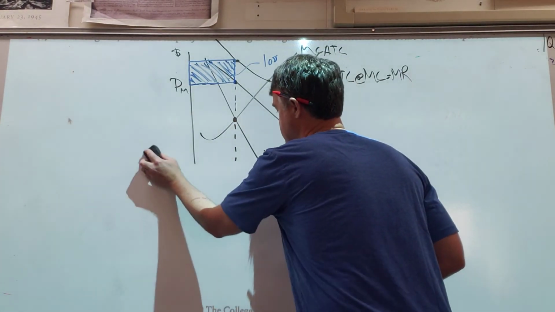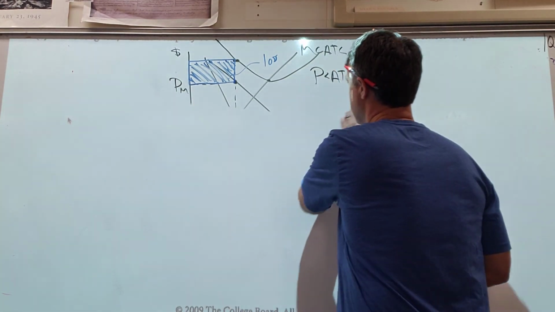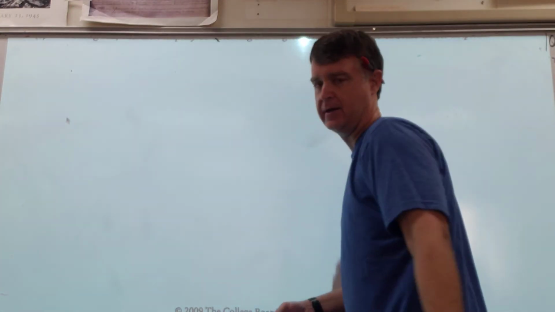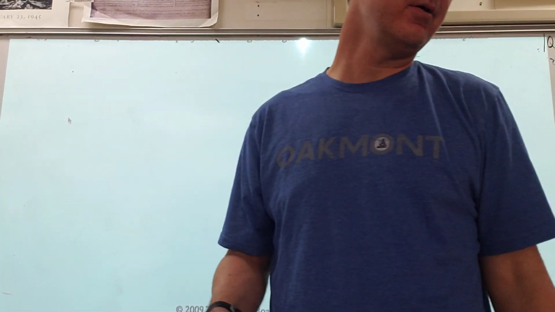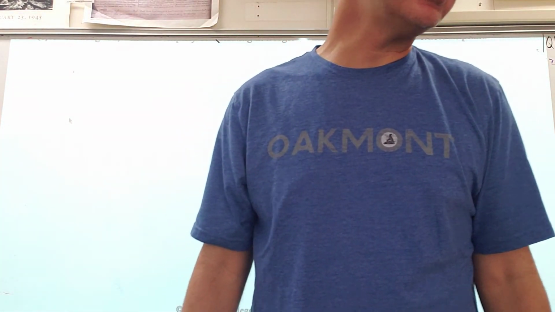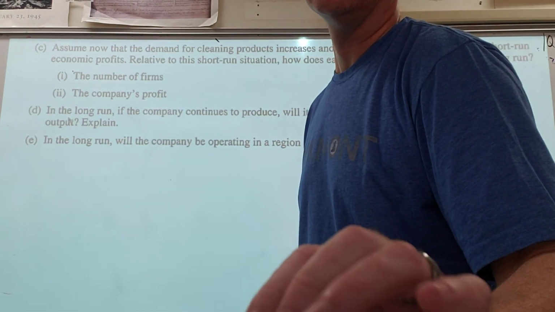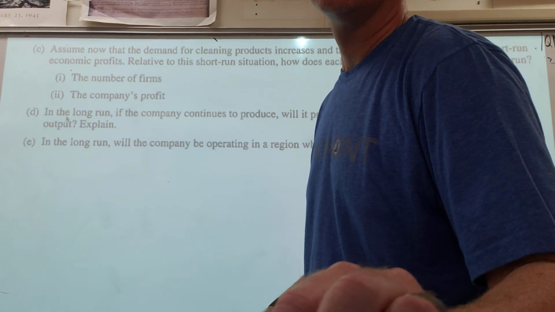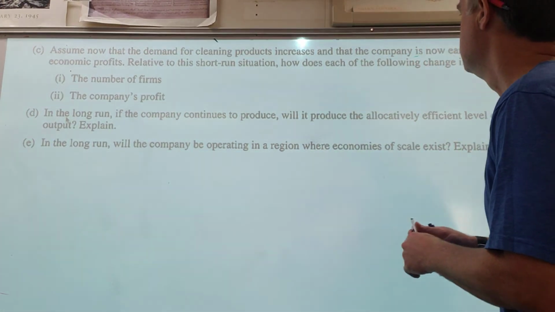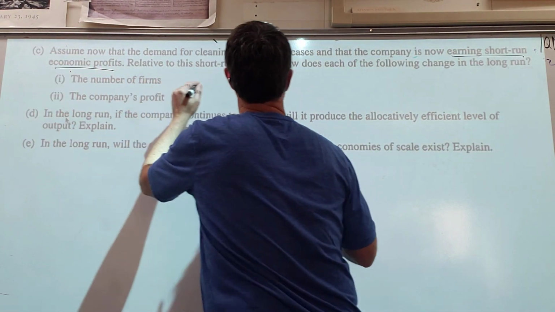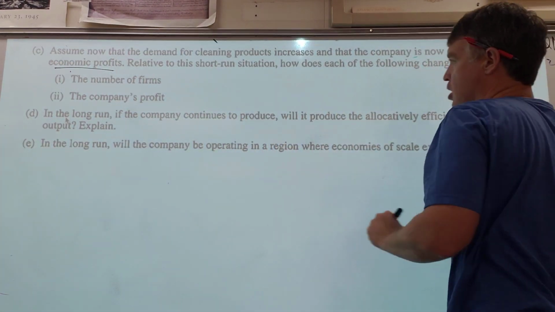So now we go to no longer making a loss, but the firm making a profit. It says in the short run it was making a profit. How will each of the following change in the long run? So I'll pull it up here because we can look at this now. They earn short-run economic profits. Then what will change in the long run?